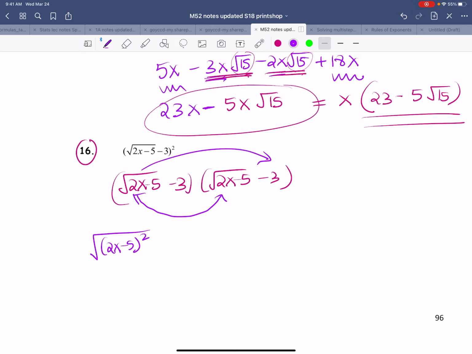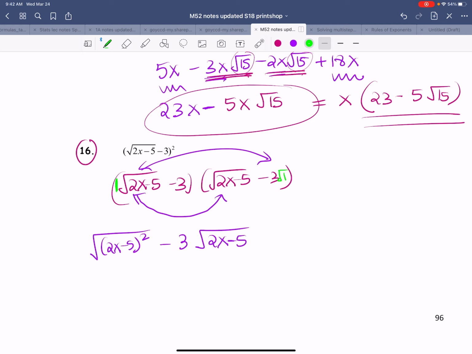Outer times outer. Well, that would be a negative 3 root 2x minus 5. Remember, when we're multiplying radicals, the outsides multiply together, the insides multiply together. You might say there's no outside for root 2x minus 5. Well, you can consider that there's a 1 over here. You might say there's no inside for the number 3 at the very end. You can put a radical 1 next to it. It's the same thing. You're not changing the expression.